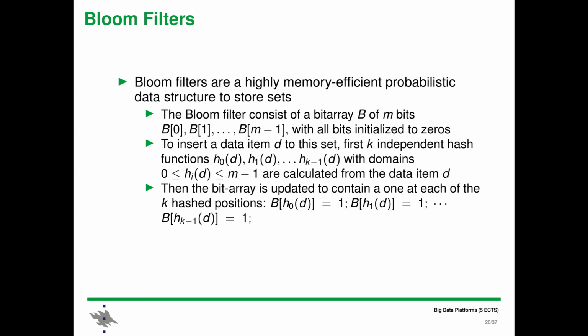Now, to insert a data item, a URL in our case, into this set, we first compute k independent hash functions, where k is a configuration constant. If you don't know anything, a good default is to use k equals 2 as the first guess, and you will be fine in very many different cases.